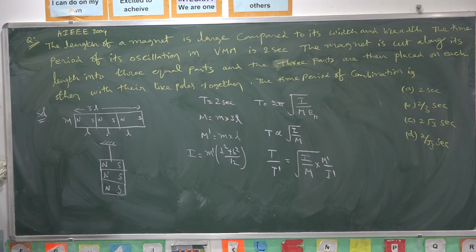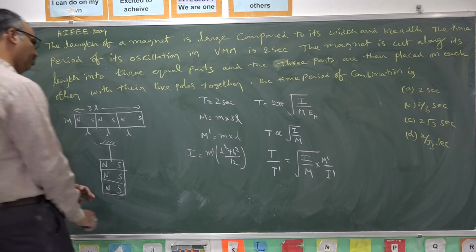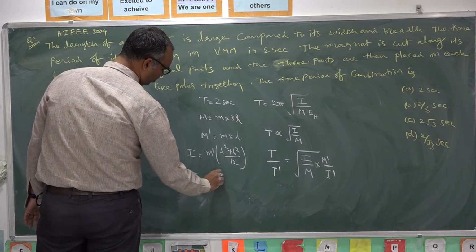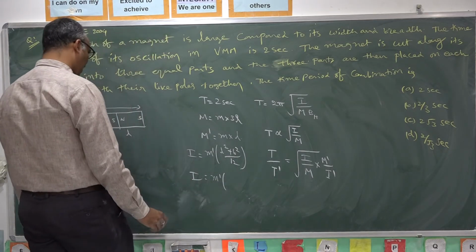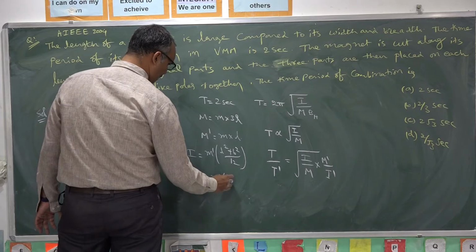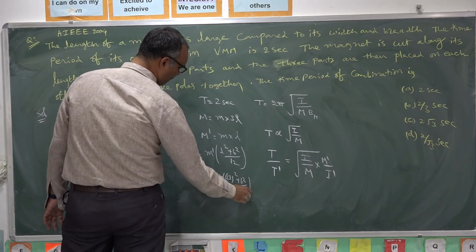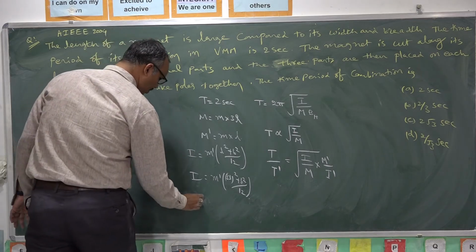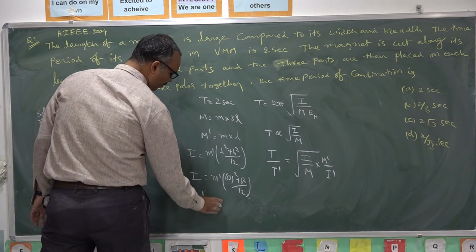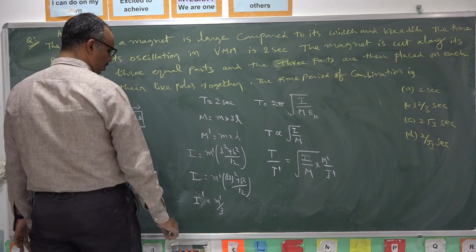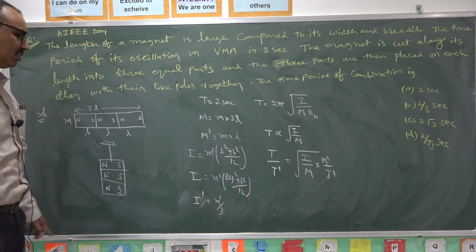Now, what is the new moment of inertia and old moment of inertia? Old moment of inertia, let the mass be M dash, length is 3L here, 3L whole square plus B square by 12. New moment of inertia I dash is given by mass: each piece has mass M dash by 3.